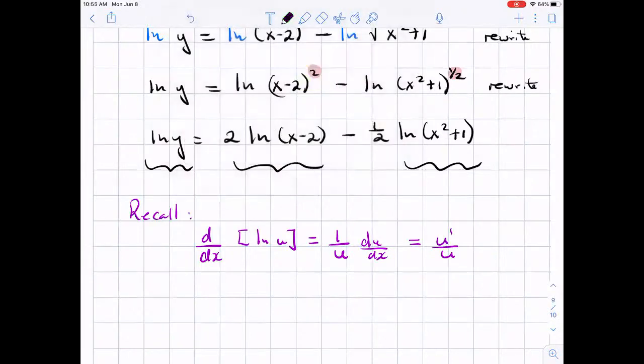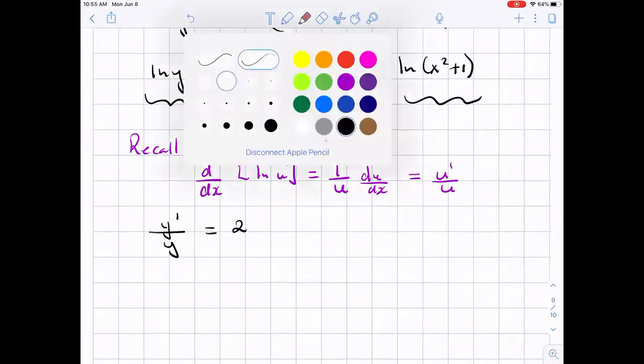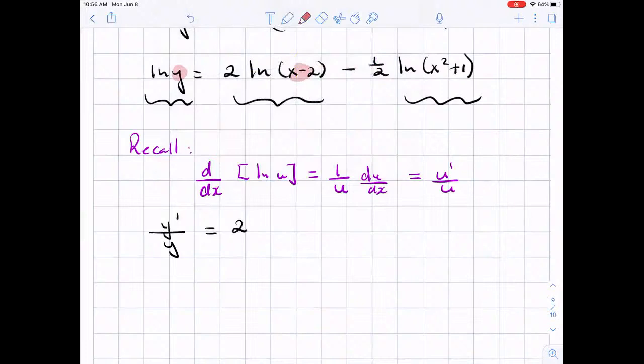here, we have something totally different now, okay? So ln of y, here is my u, this becomes y prime over y is equal to 2 over x minus 2. Let me highlight, this is my u, this is my u, and this is my u here. So u prime here would be the 2, okay?